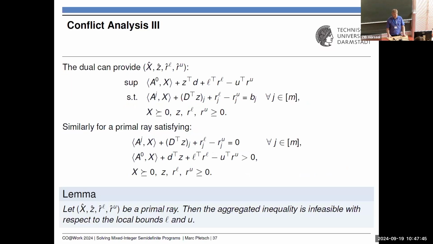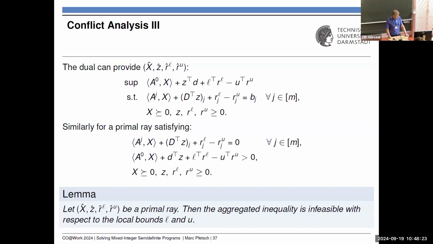So how do you get them? There are essentially two ways. It looks a bit complicated, but it's actually quite easy. Either the solution of your node is infeasible, then the dual can often produce a ray or a feasible solution. At the top, this is the dual if you also have these linear inequalities and bounds on the variables, and at the bottom, this is the program if you're unbounded. Whenever you have a feasible solution for either of them, you can derive such a cut.